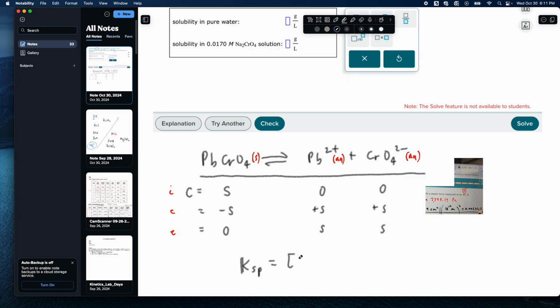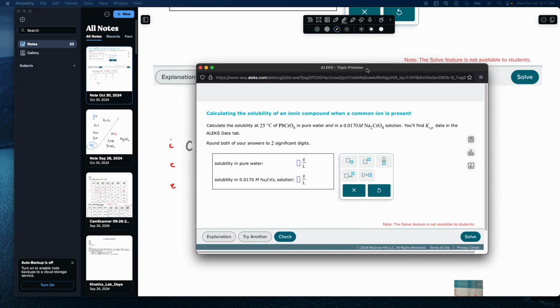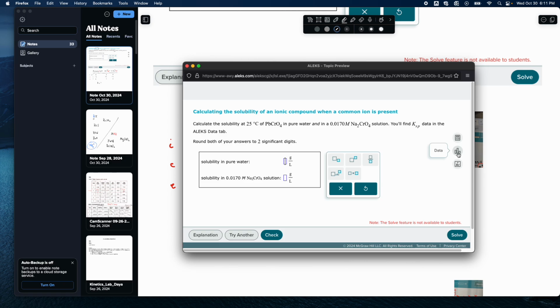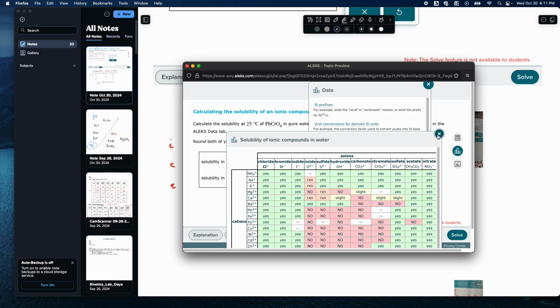So this is going to be lead 2 plus and chromate 2 minus, and we're going to look up Ksp. This is the actual one I took a snapshot of. Let's go into data and find the solubility product constants.